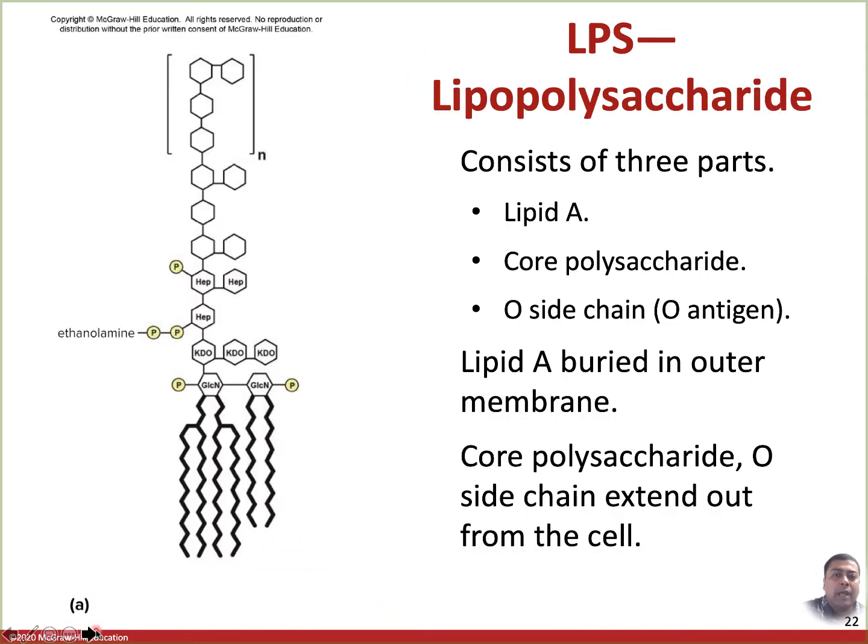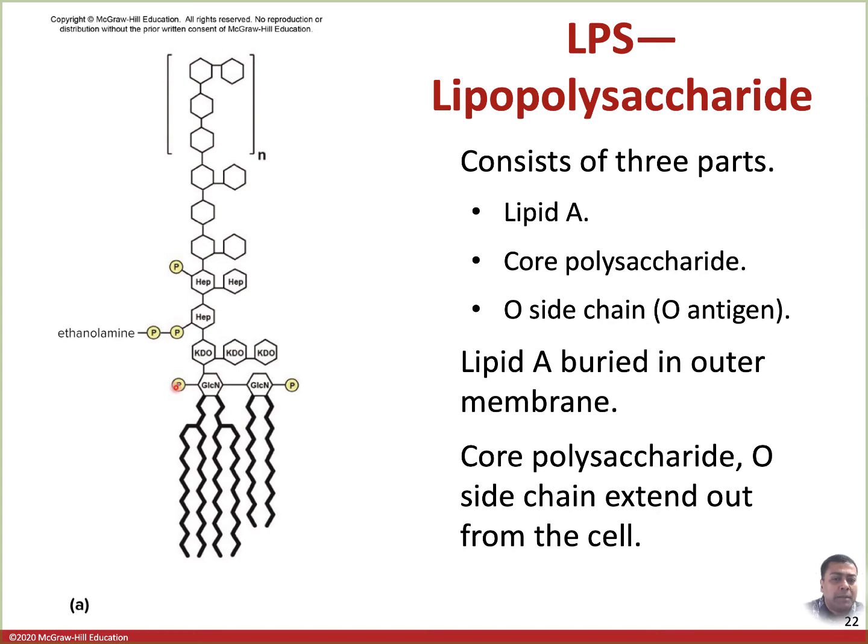If we look at the typical lipopolysaccharide structure, it consists of three parts. The first part is lipid A, which is buried into the outer membrane lipids. The next part is the core polysaccharide, which has several different carbohydrates attached to it.